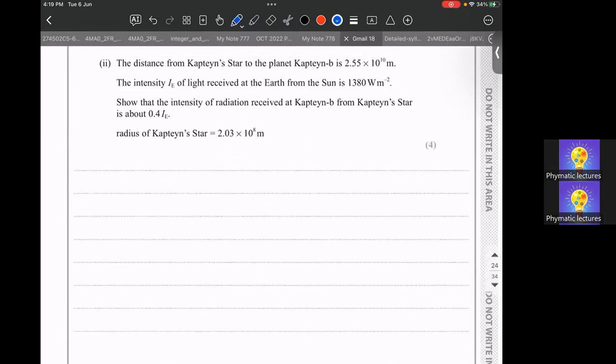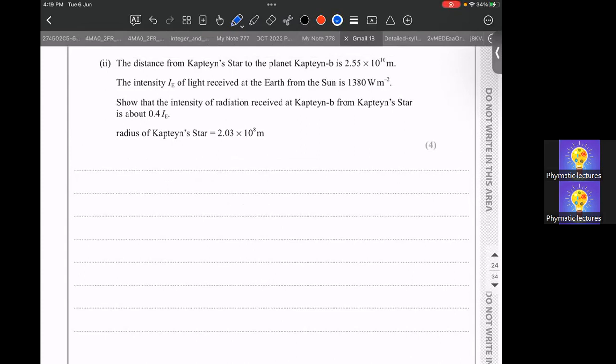Now, the second question. The distance from the star to the planet is 2.55 into 10 raised to 10 meter. The intensity of light received on the Earth from the Sun is 1380. Show that the intensity of radiation received at the planet from the star is about 0.4 IE. The radius of the star is 2.03 into 10 raised to 8 meter.